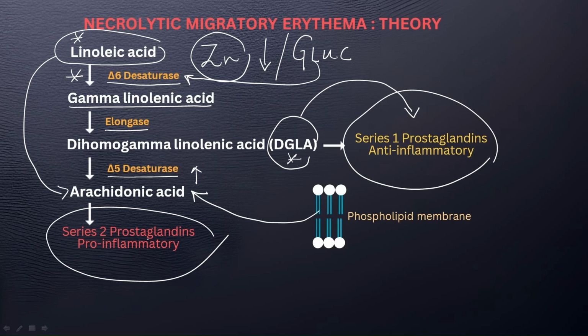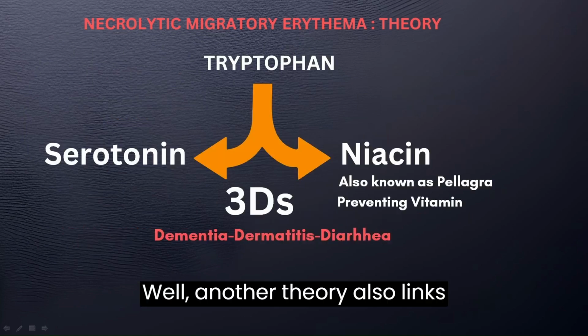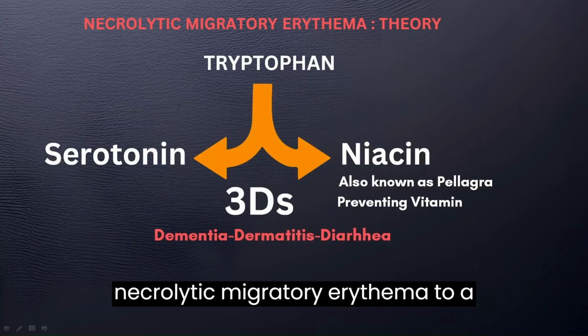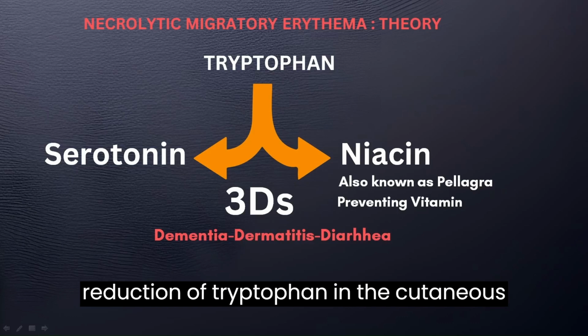So there is a disbalance between these series of prostaglandins, and this will determine inflammatory impairment of the skin epidermis, especially at areas exposed to abrasions or friction, such as the buttocks, the groin area, the perineal area, the feet, or the legs.